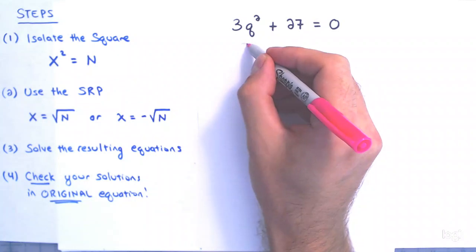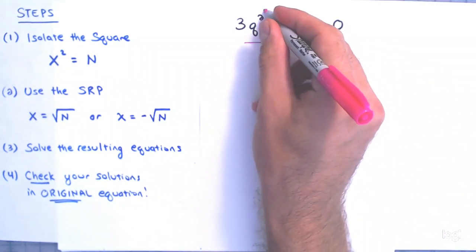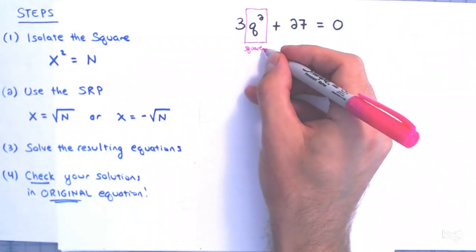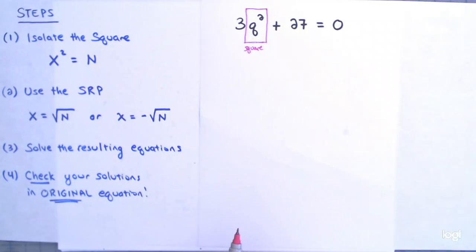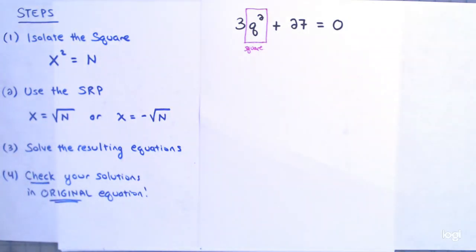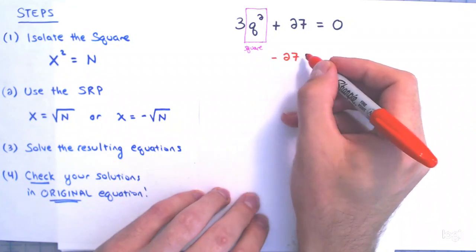Again, the only thing being raised to the second power is the q, not the 3. It's not in parentheses with the q underneath that exponent of 2. So just the q squared. I want to isolate that, so the first thing I do here is subtract 27 from both sides.